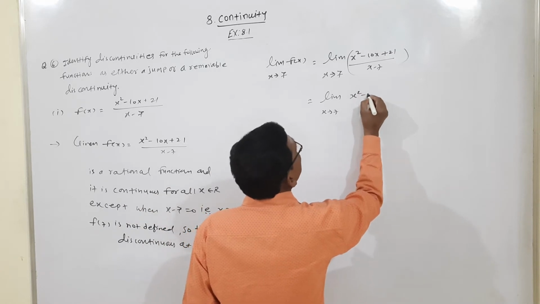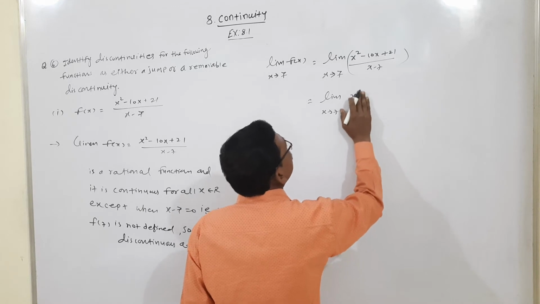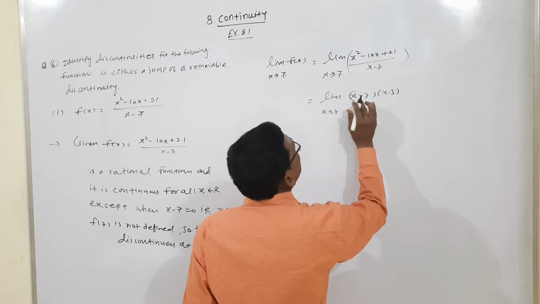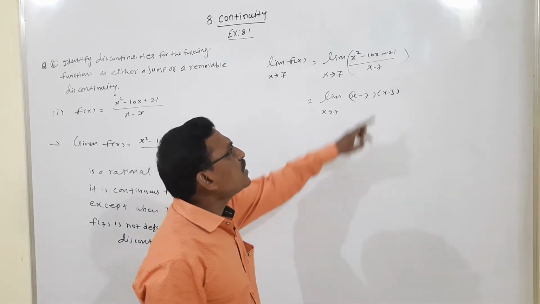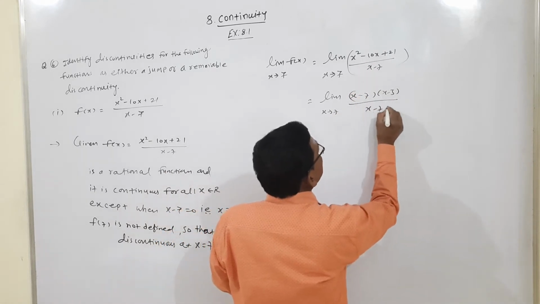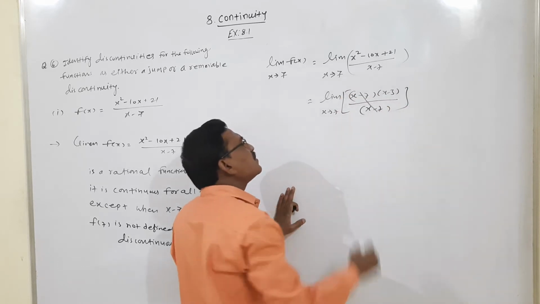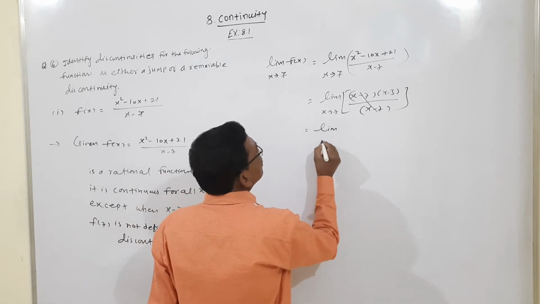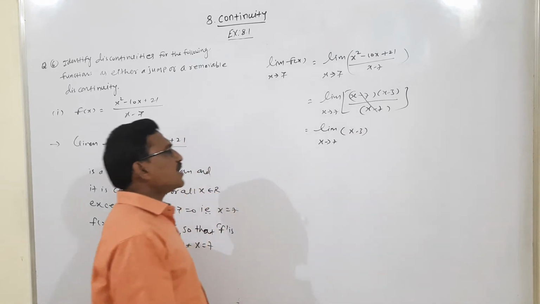So x square minus 10x plus 21 is x minus 7 times x minus 3, since minus 3 times minus 7 is plus 21 and their sum is minus 10, divided by x minus 7. And so the common factor will be cancelled here. So it is only limit as x tends to 7 of x minus 3.